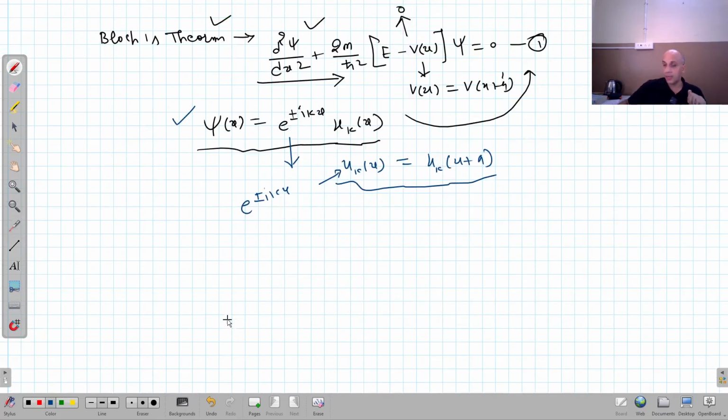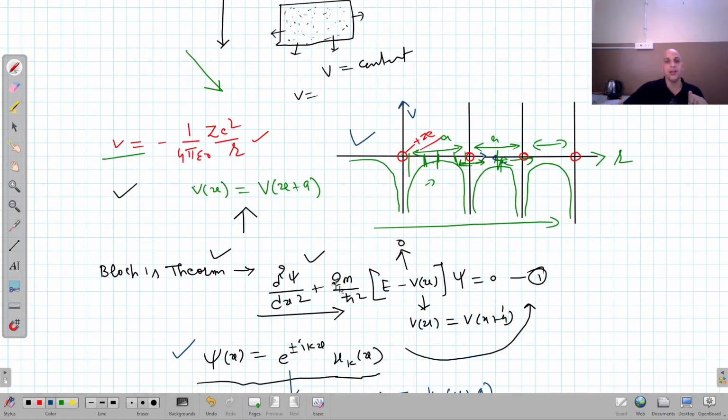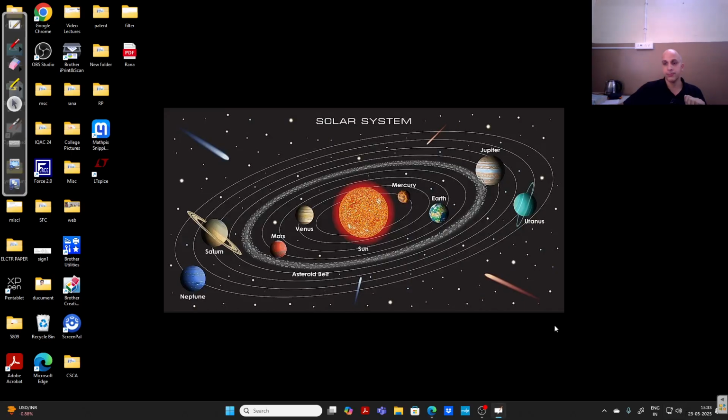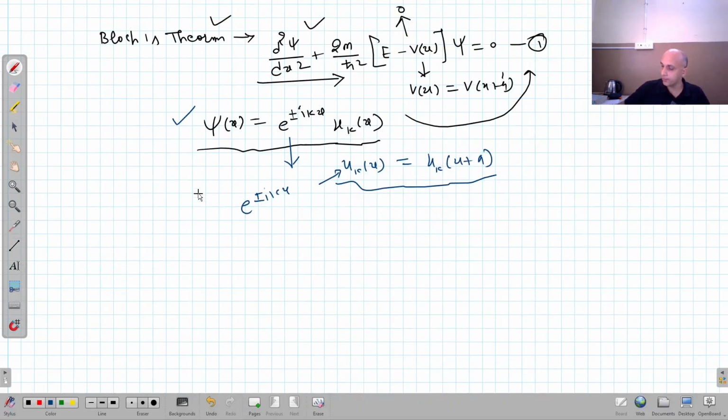Now I am going to the application of this Bloch theorem, which is done by Kronig and Penney in the Kronig-Penney model.